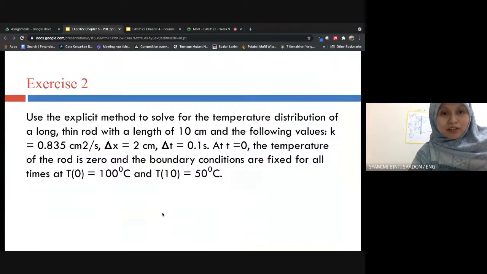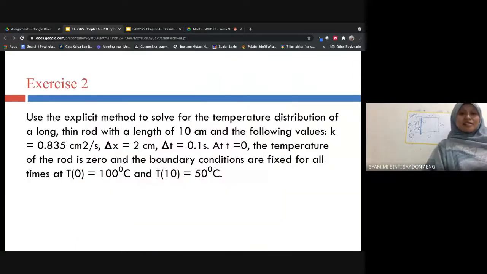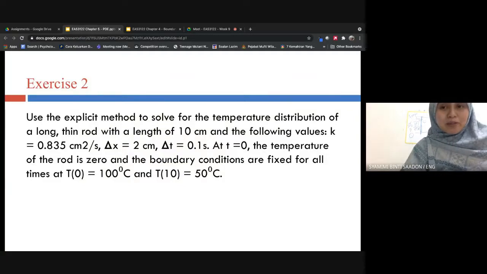Okay, so exercise 2, I have an example here. Exercise 2 example: use the explicit method to solve for the temperature distribution of a long thin rod. So again, we have a thin rod with a length of 10 centimeters, and the following values: k is given as 0.835 centimeter square per second, delta x is 2 centimeters, delta t is 0.1 second.